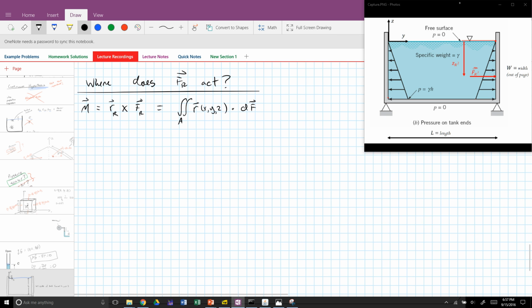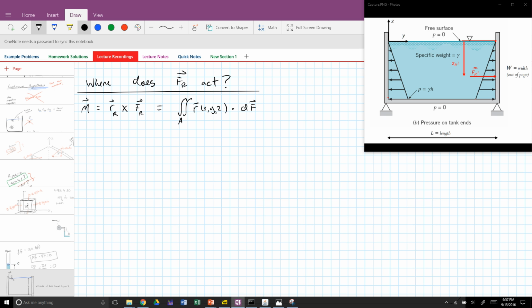But if we look at this cross product here, in the case we're considering, the force is acting only in the positive y direction, so it has only a j component: 0i plus magnitude force along j plus 0k.